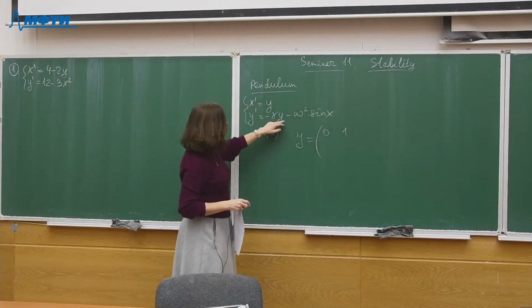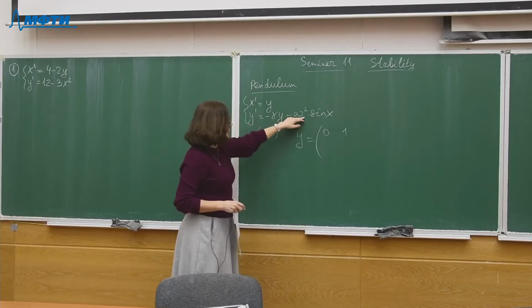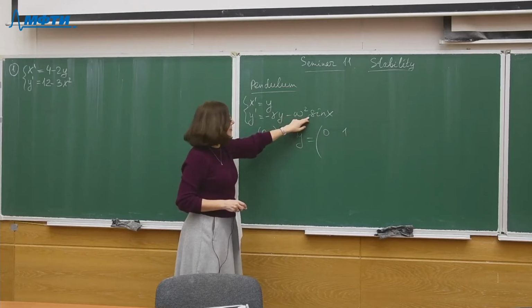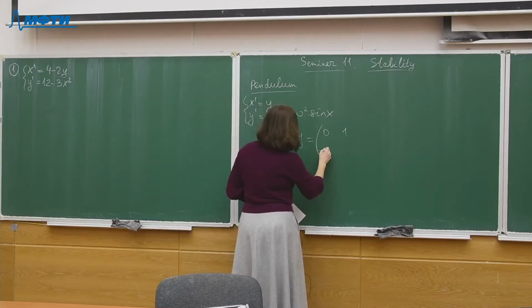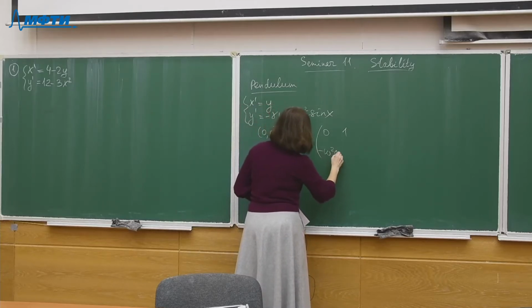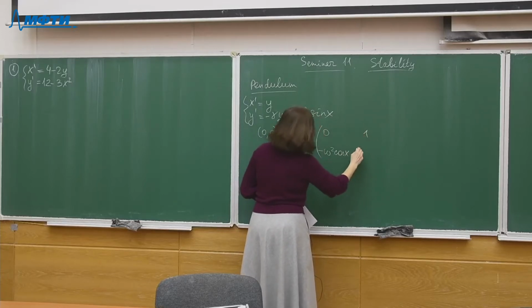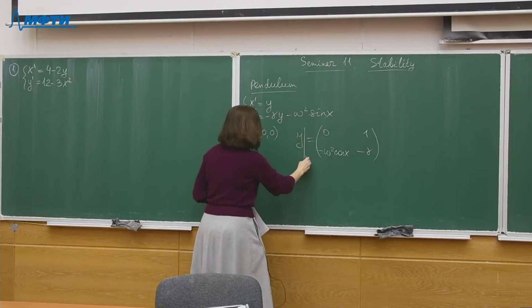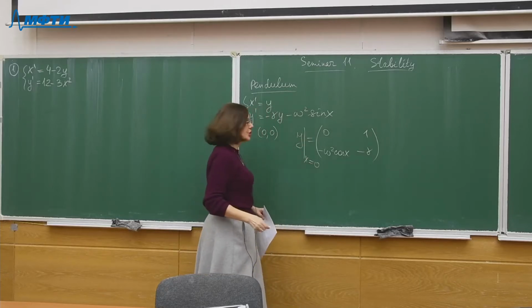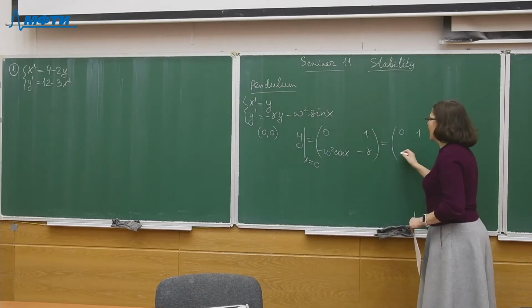Next, take the first derivatives of this function at the point 0, 0. It will be minus omega squared cos x and minus gamma. If we substitute x equals 0, the origin, we will get the following matrix: 0, 1, minus omega squared, minus gamma.